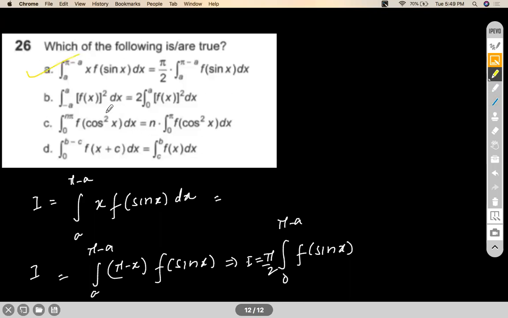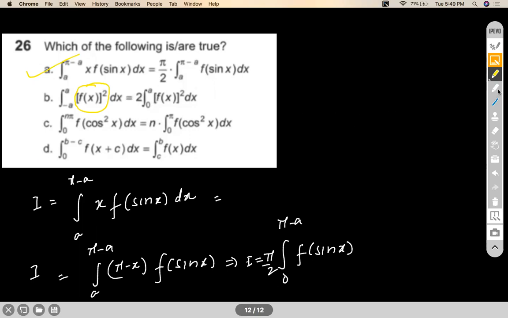Now B, this is an even function. Whatever is the f of x, the moment you square it, it will become an even function. Is this always true? Is f of x whole square always an even function?